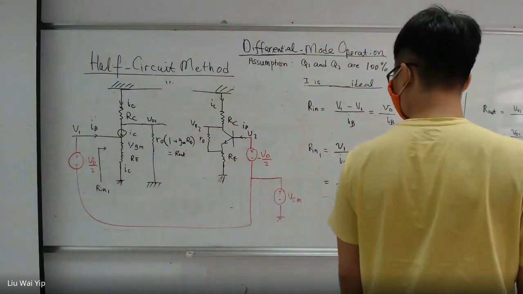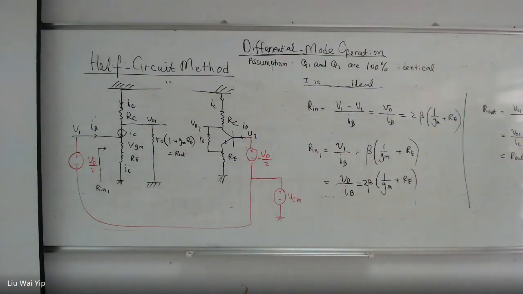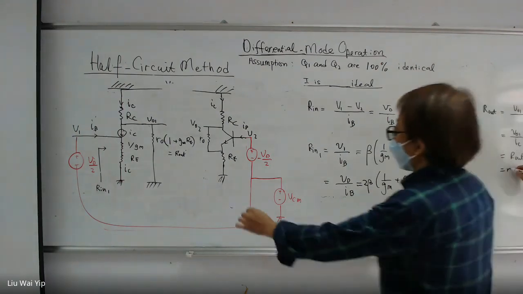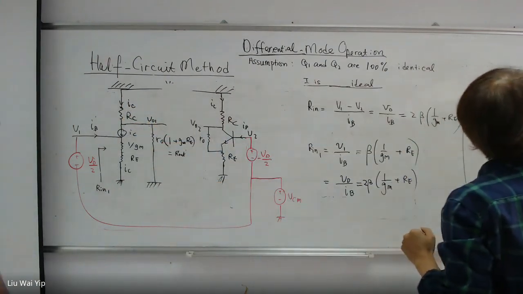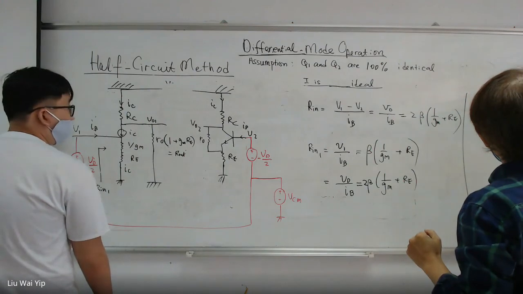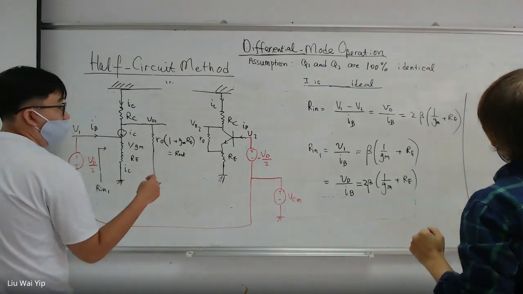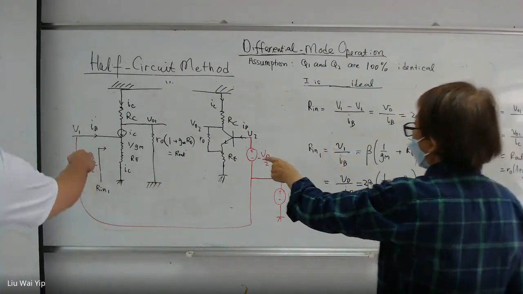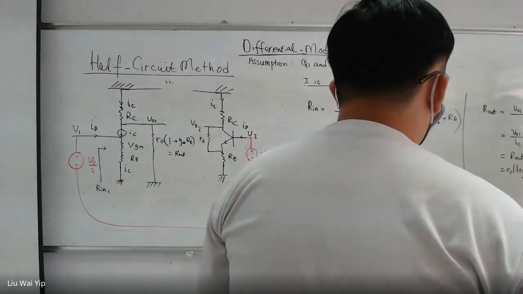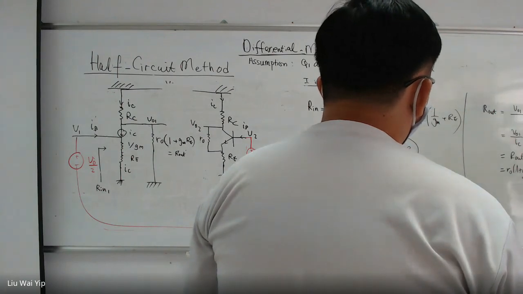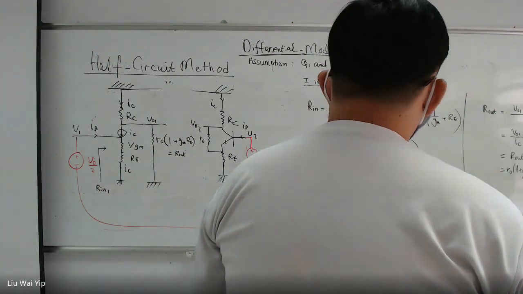Will you do some calculation here, for the left branch only? These two are indeed in parallel, in parallel with RC. Correct. So this is for the left branch.